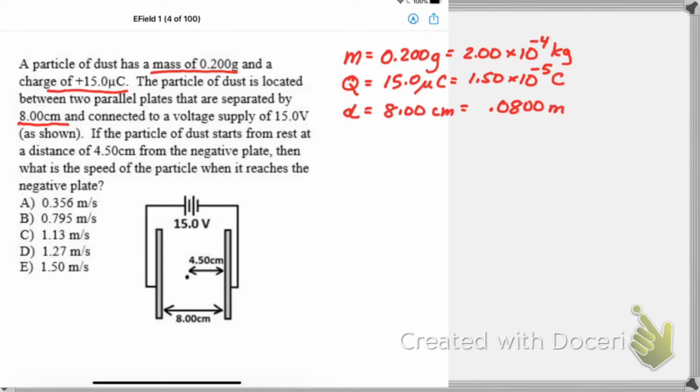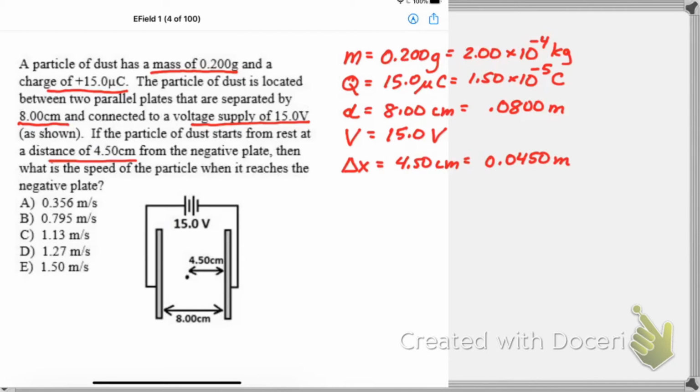We've got a distance in centimeters, and for electric fields, you need to convert that to meters. We've got a voltage in volts, which is good. We don't have to change anything. No conversions there. And then I have another distance, a delta x, in centimeters. I need to convert to meters.